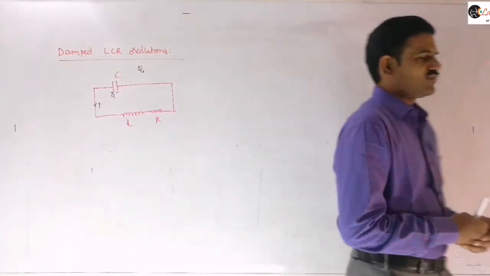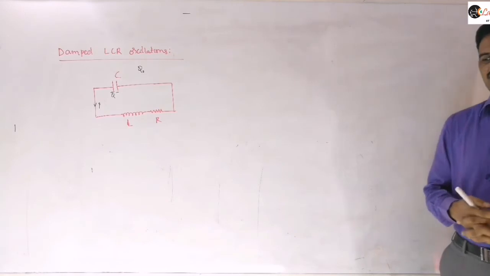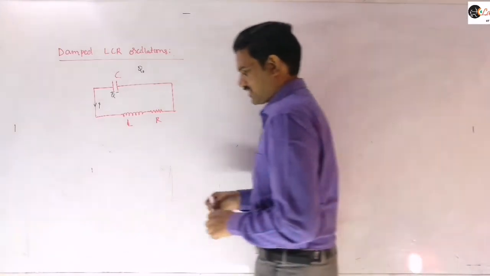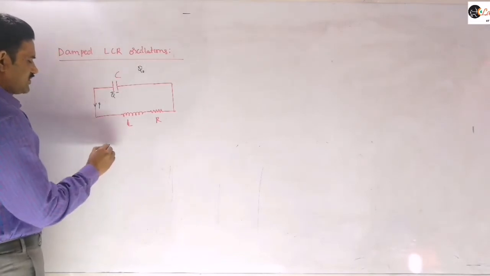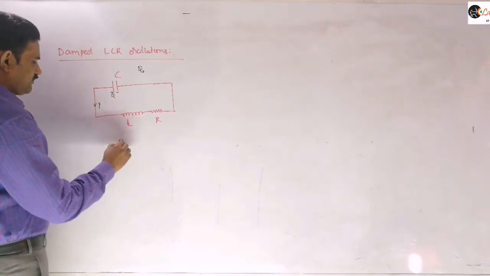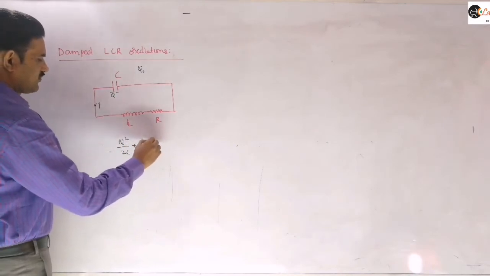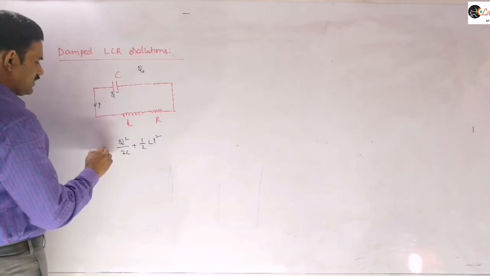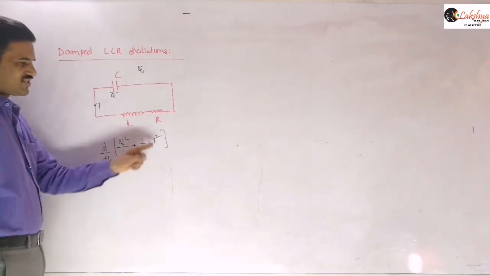Then the rate of loss of energy at the resistor can be expressed as d by dt of Q square by 2C plus half L I square. This is the total energy of the system here.